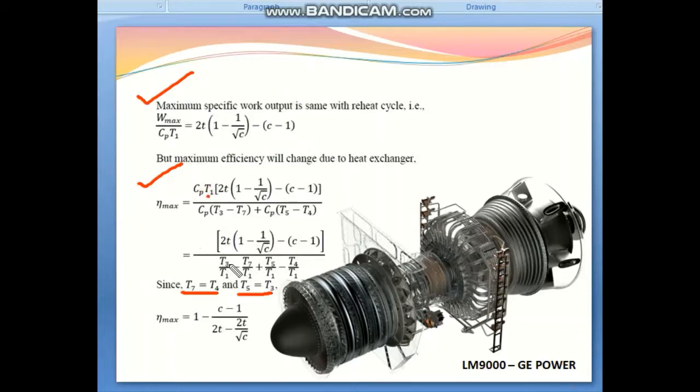So that becomes T3 by T1 minus T7 by T1 plus T5 by T1 minus T4 by T1. This is the expression. Since T7 equals T4 and T5 equals T3, the maximum efficiency becomes 1 minus (C minus 1) by 2T minus 2T by root C. This is the expression for maximum efficiency.